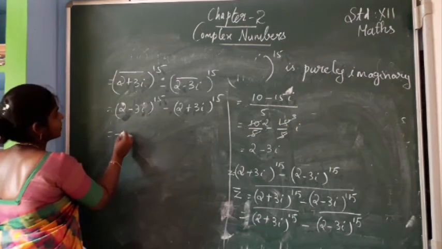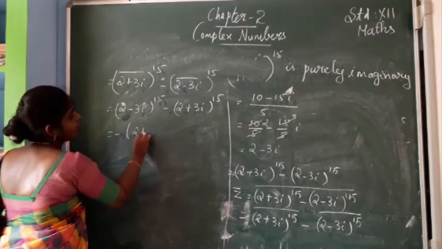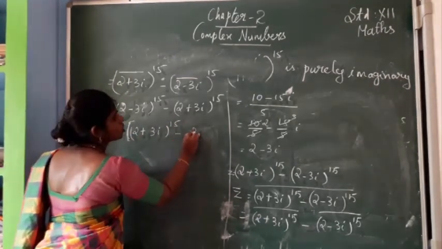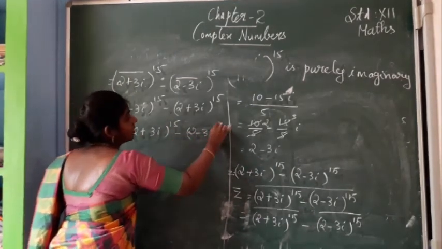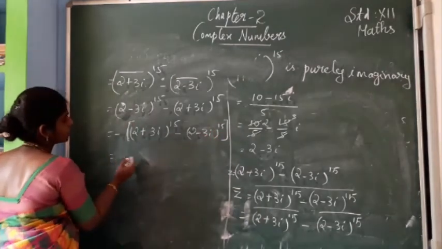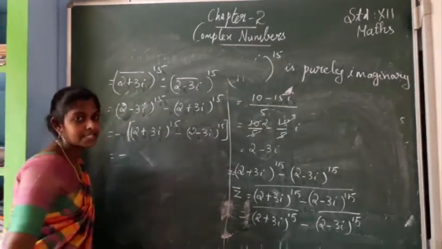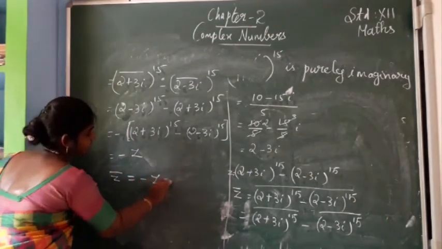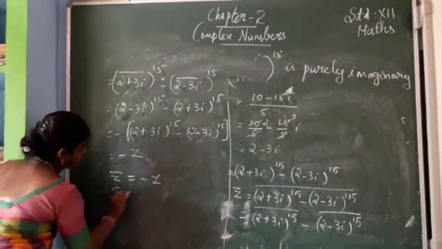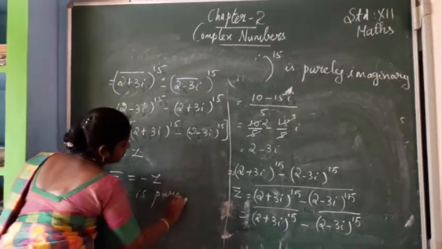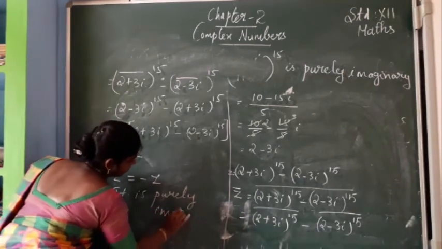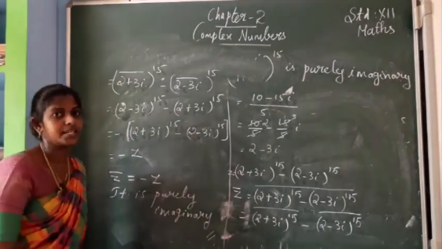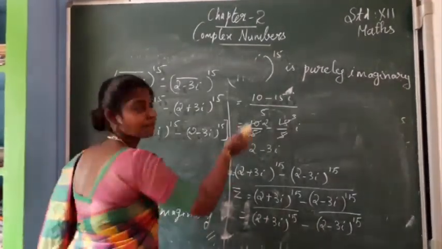If you take minus outside, you will get (2 plus 3i) to the power 15 minus (2 minus 3i) to the power 15. That's equal to minus, this is the Z value, minus Z. So Z bar is equal to minus Z, hence it is purely imaginary. So next we have the homework problems.